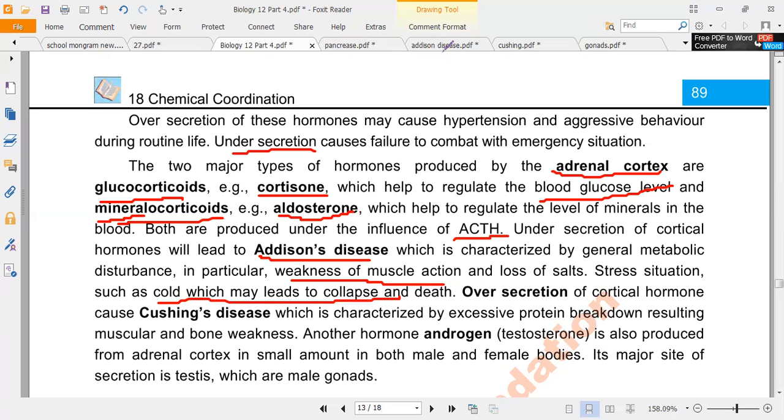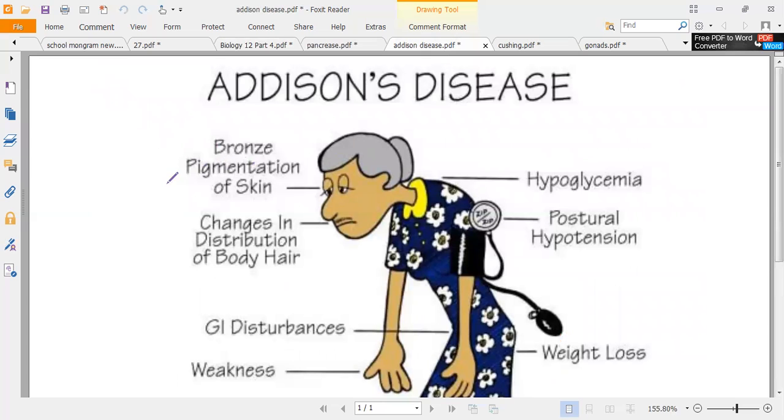So we can see here Addison's disease and its symptoms, like bronze pigmentation, more pigmentation on the body, changes in distribution of body hair, hypoglycemia, like low glucose level, and postural hypotension.